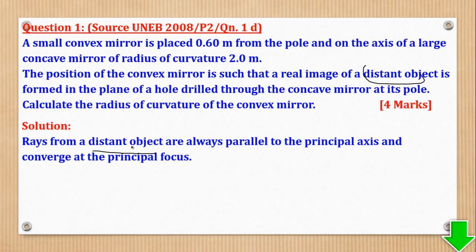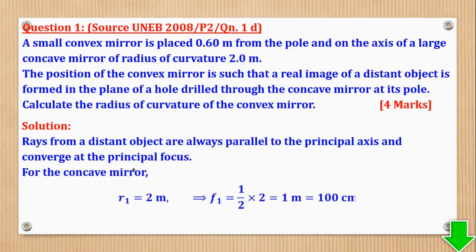It means that rays from a distant object are always parallel to the principal axis and converge at the principal focus. So for the concave mirror, we know that the radius is 2, therefore the focal length will be half this radius to give you 1 meter, which is 100 centimeters. But now we shall consider 1 meter.